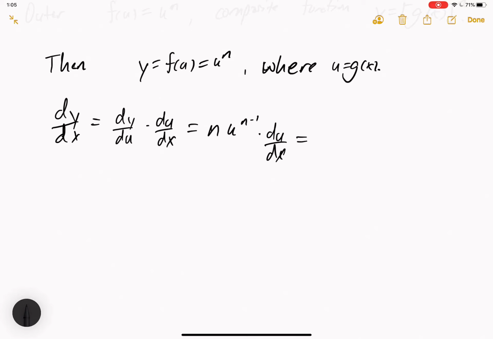Now we do the substitution of u is equal to g of x. So you get n times g of x raised to the n minus 1. And then finally, du dx will just be g prime of x.